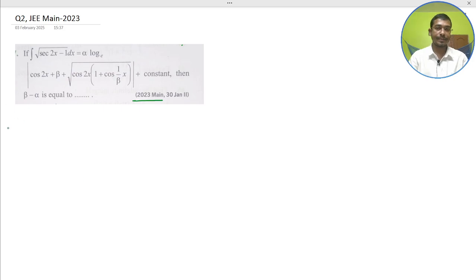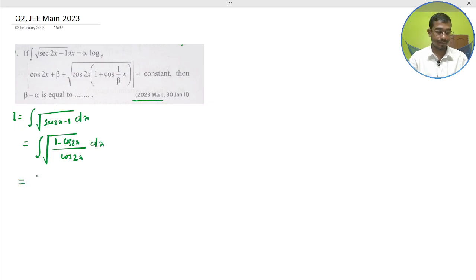So here given, I equals the integration of root of (sec 2x minus 1) dx. This would be the integration of root over (1 minus cos 2x) by cos 2x, changing sec to cos.